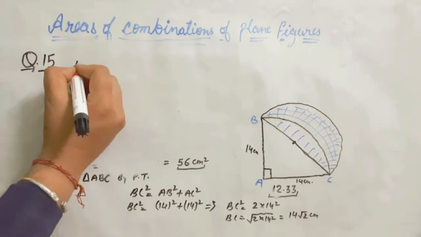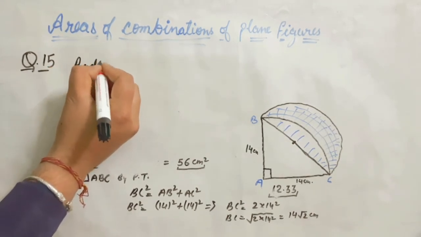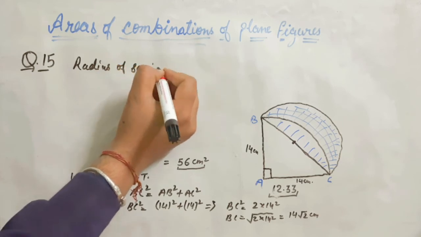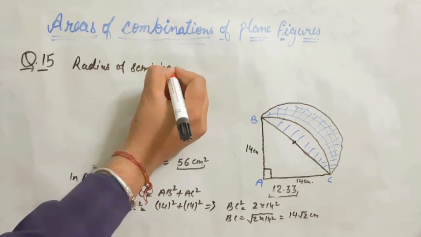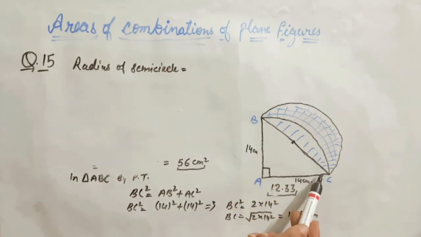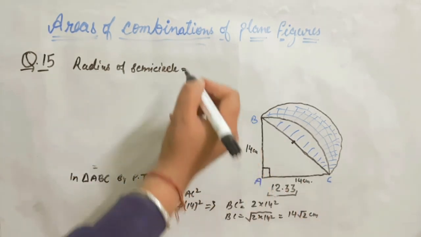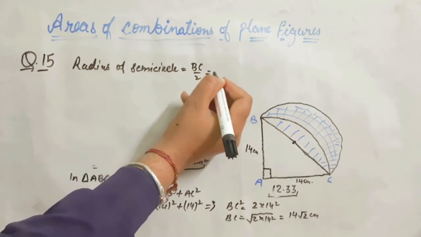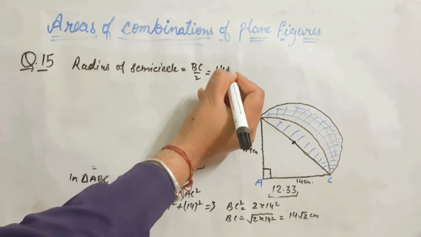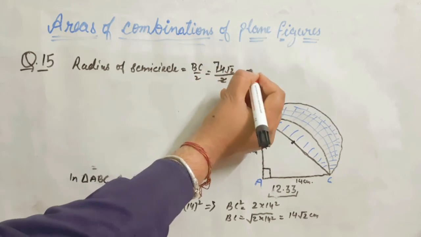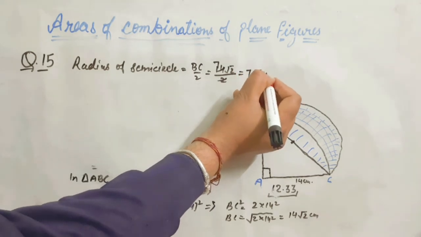Now radius of semicircle will be equal to, now see, BC is the diameter and radius will be half of diameter, that is BC upon 2, will be equal to 14 square root 2 upon 2. 2 sevens are 14, this will be equal to 7 square root 2 centimeter.